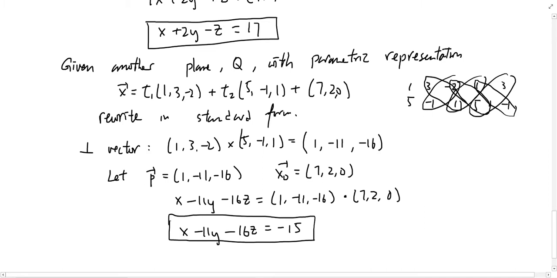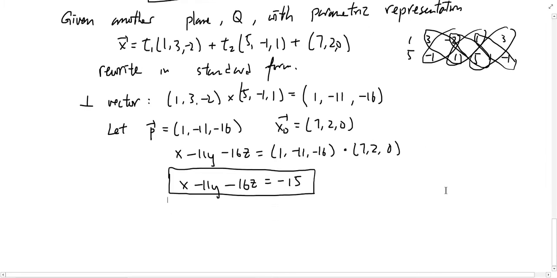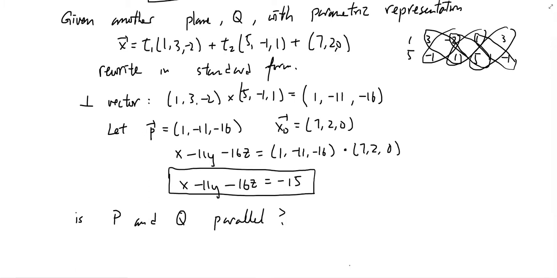Now, here's something interesting. What if I want to also figure out the following? How about if I have this question? Is plane P and Q parallel? How would I know? Now, if you remember what I told you last week, I told you during class actually. I don't think I mentioned it on the video, but I think we talked about it during class.